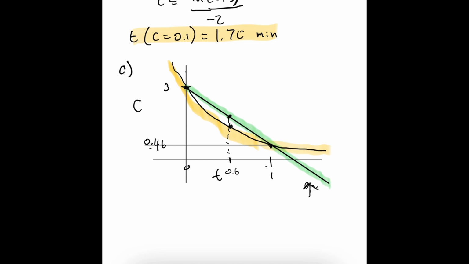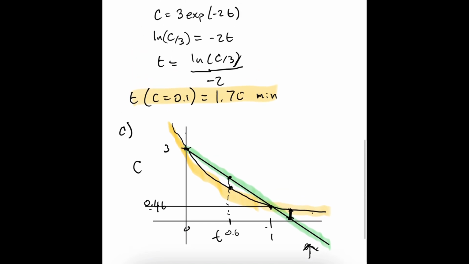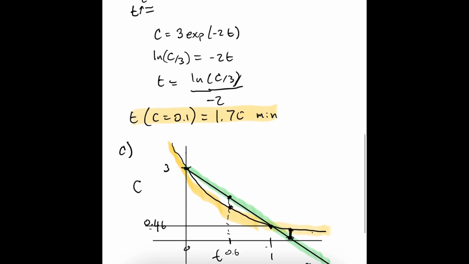Then we estimated based off of concentration, and we were beyond our estimation here. We still had a positive value, but our estimated value for the time is going to be pretty far off from the real value, and so it should be a lot shorter actually than the actual time.